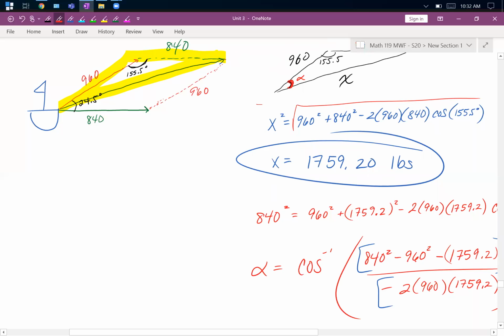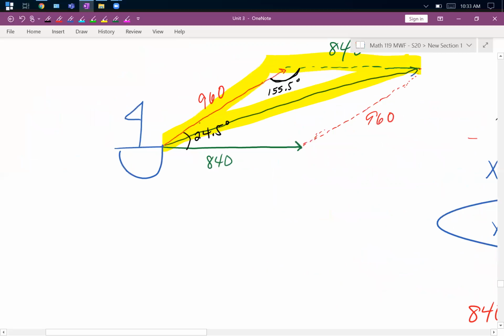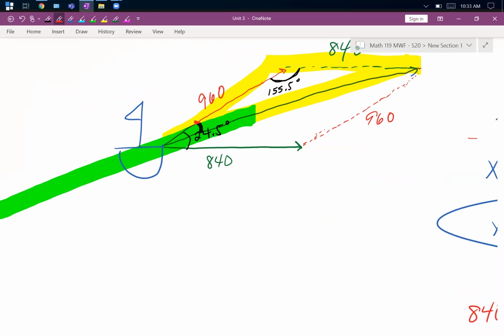I want to talk about how to label this. So what we found is this right here. That's the 11.42, whatever number you gave me. The equilibrium vector is this one. So we are looking for actually either this angle, or this angle.